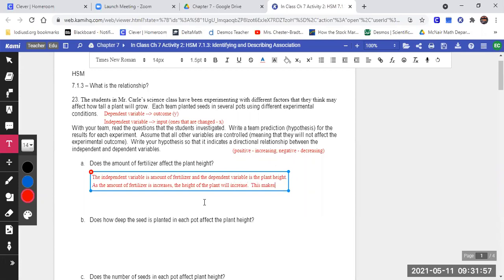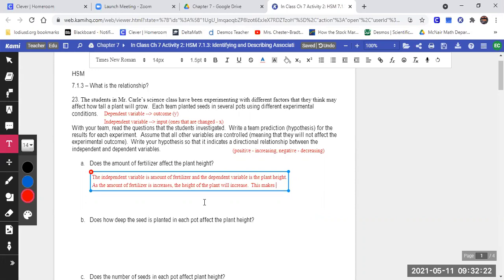This makes, okay, direction. What direction is this relationship going then? Look at how we define the directional relationship words. We're saying that this is increasing. So what kind of relationship is that?